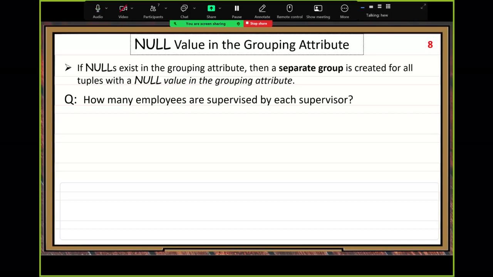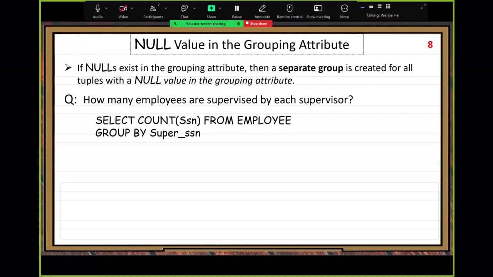Those 7 tuples we put in one special group here. Then we apply the count function: select count(SSN) from employee group by super_SSN. Each group corresponds to one super_SSN value, so we do the counting.